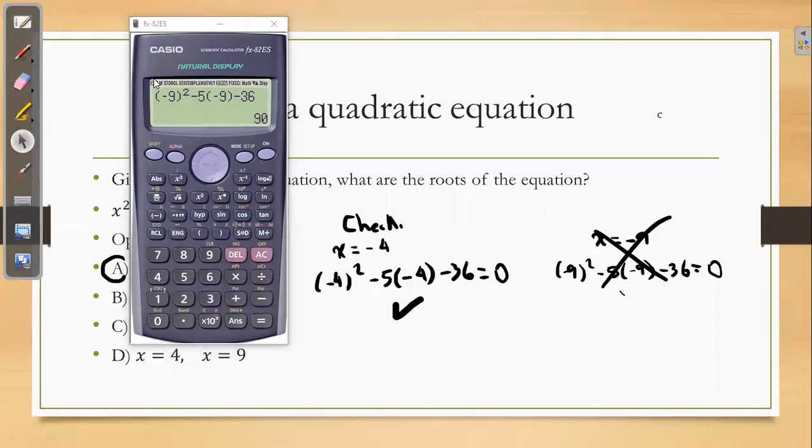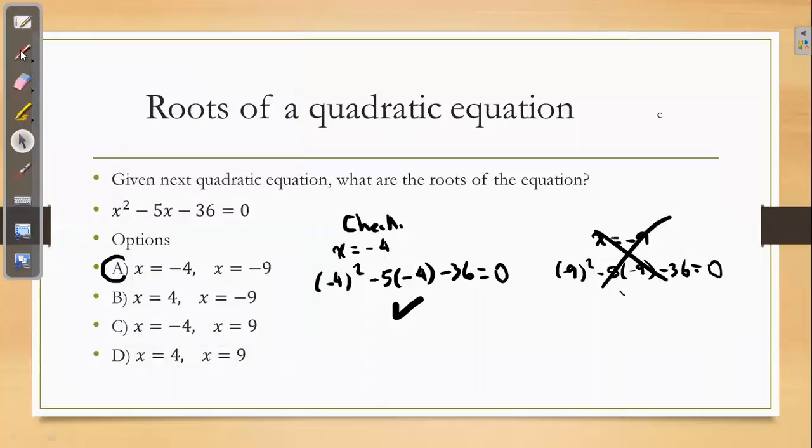So we can say that it's not letter A. And I think it's not B either, because here you work with -9 again, and it's not a solution. So here is not a solution. Let's try with C. C works with -4, I already checked it, and then with 9.